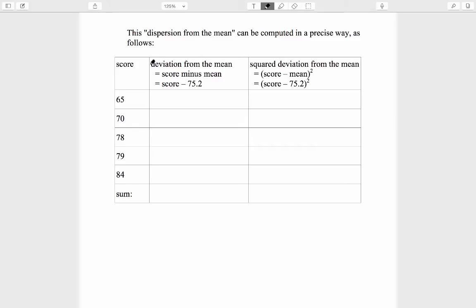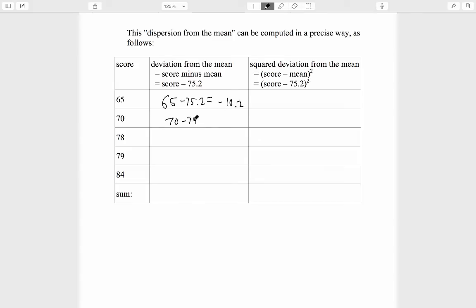This dispersion from the mean can be computed in a precise way as follows. This is a little bit involved and we'll go step by step. The first thing you might think of is that we should take each score in our sample and see how far it differs from the mean. So 65 differs from the mean by negative 10.2 points. That is to say, it is 10.2 points below the mean.